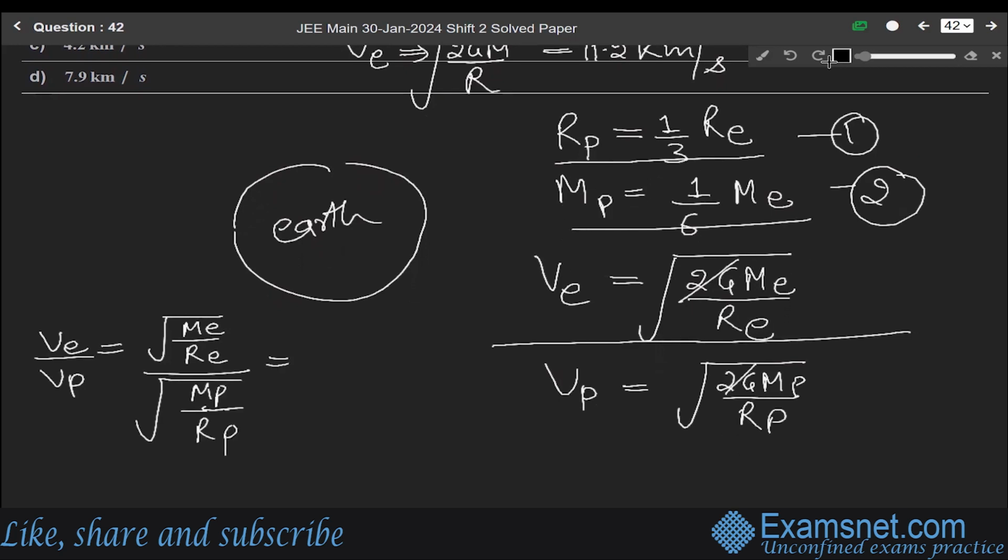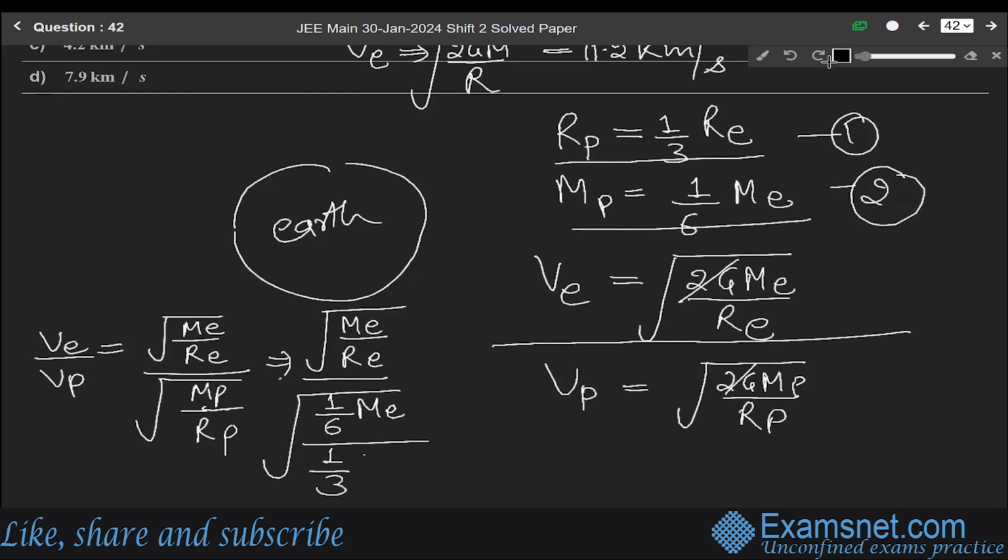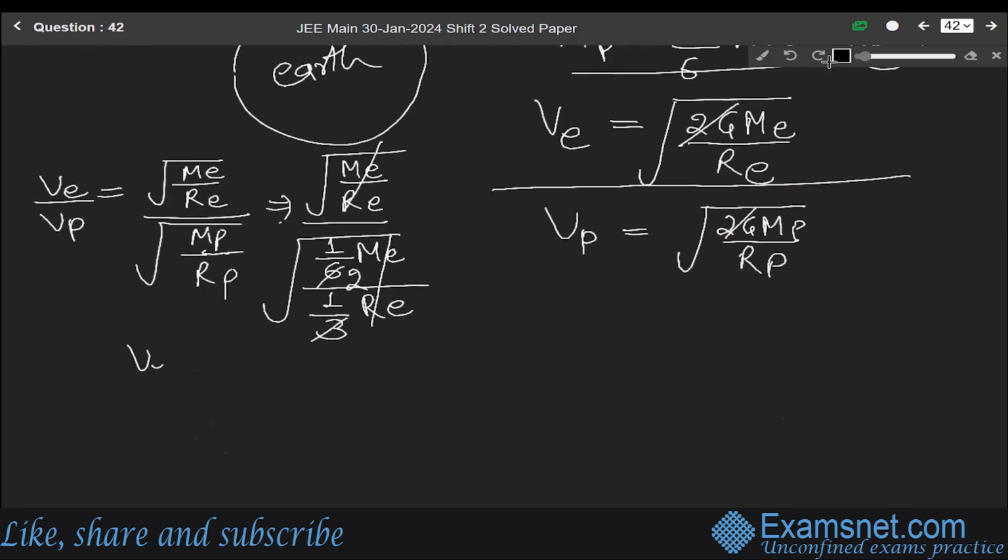Mp is 1 by 6 of Me, and Rp is 1 by 3 of Re. So under root Me and under root Re cancel out. 3 twos are 6. So the ratio of Ve over Vp will be equal to root 2.